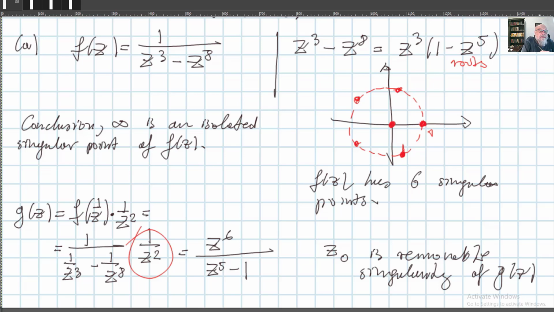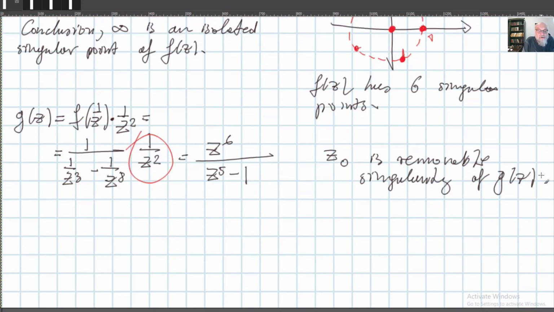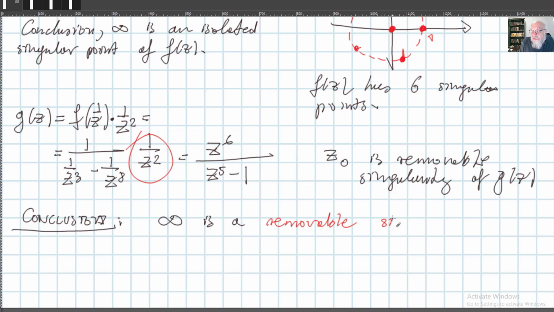So in such a case, we immediately obtain the conclusion that z0 equals 0, sorry, infinity is a removable singularity of f of z. Removable.